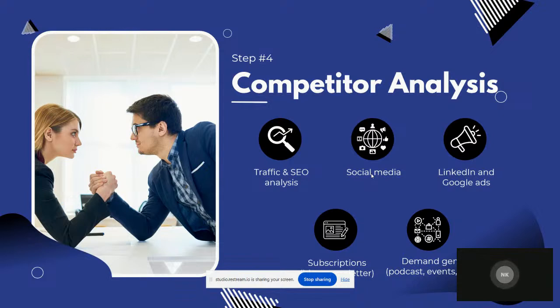The second set of channels is social media, whether it is LinkedIn, YouTube, or X. You look at what kind of content your competitors are creating there and what kind of engagement they are getting. LinkedIn and Google Ads are also an excellent place to analyze your competitors. When it comes to LinkedIn ads, you can go to the LinkedIn Ad Library and see all the ads your competitors are running. If it's Google Ads, you can go to the Google Ads Transparency Center and get a consolidated view of all the ads your competitors are running.